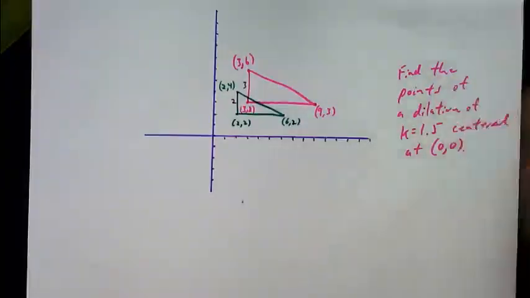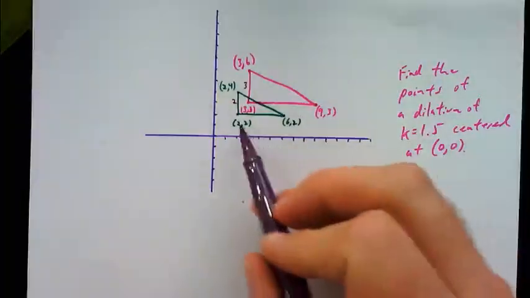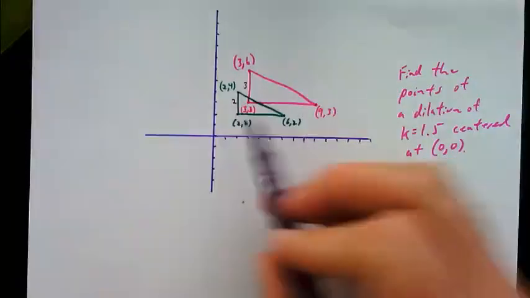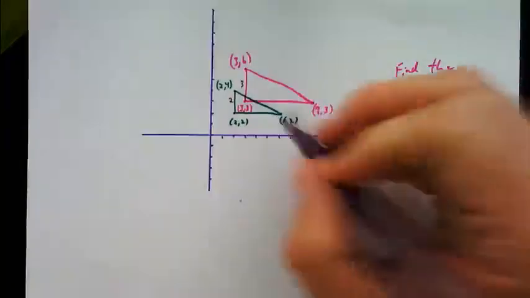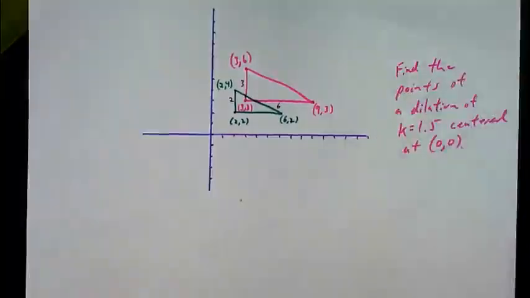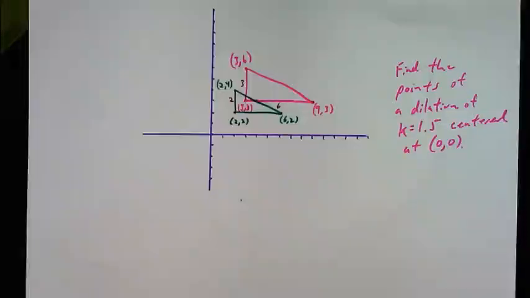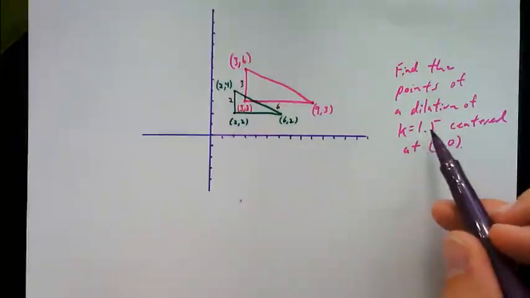It increased by 1.5. This side, 1, 2, 3, 4, 4 units. This side is now 6 units long. So again, they have that same scale factor. So again, the scale factor for these two shapes is 1.5.